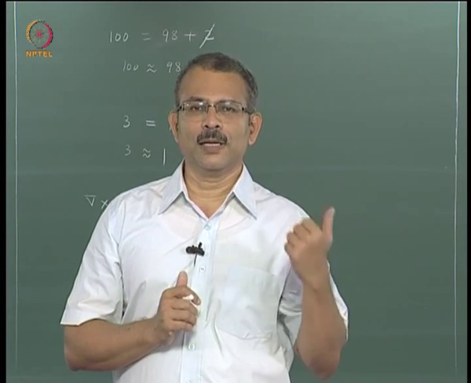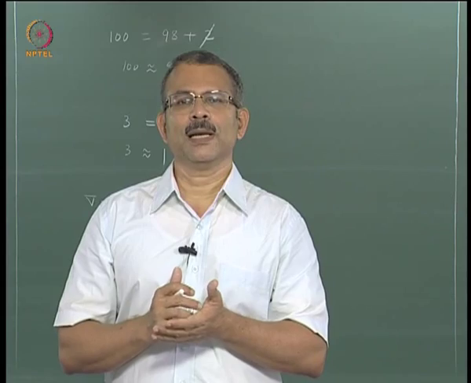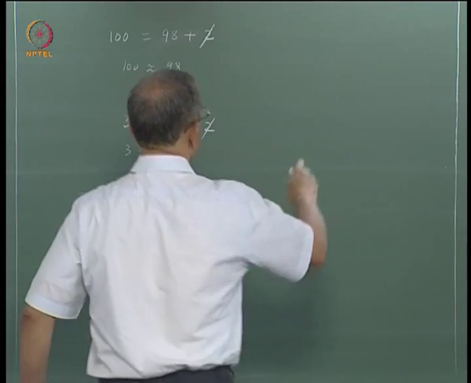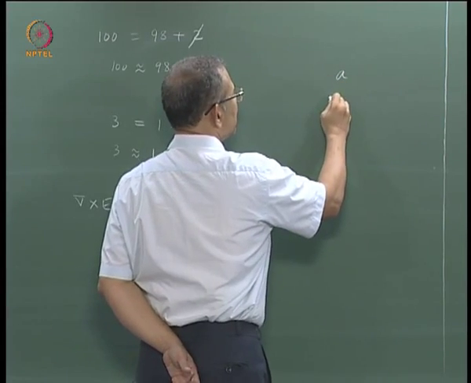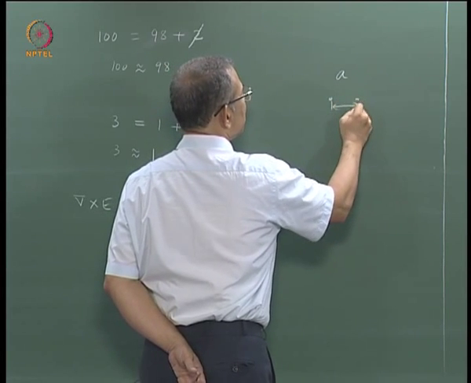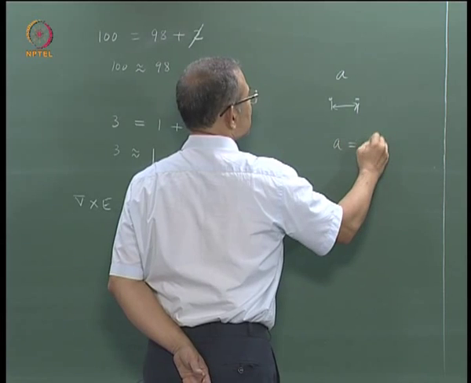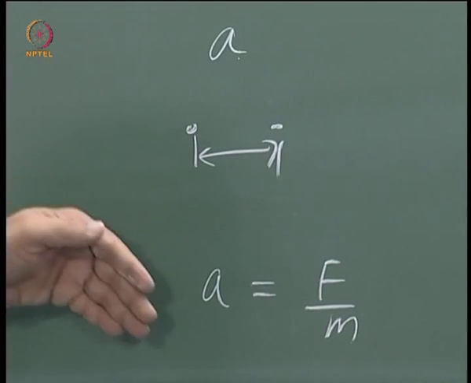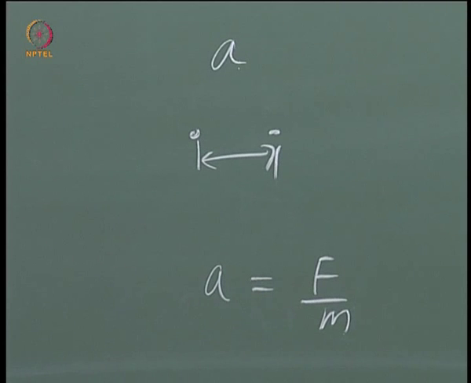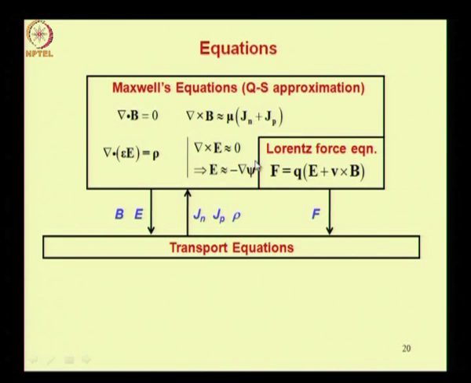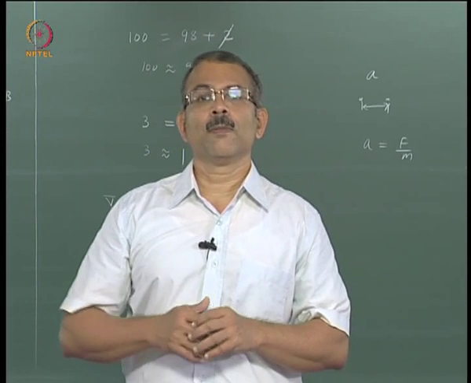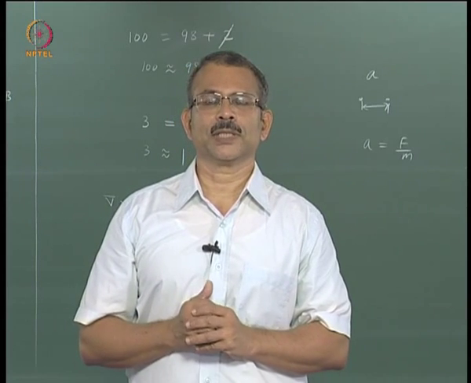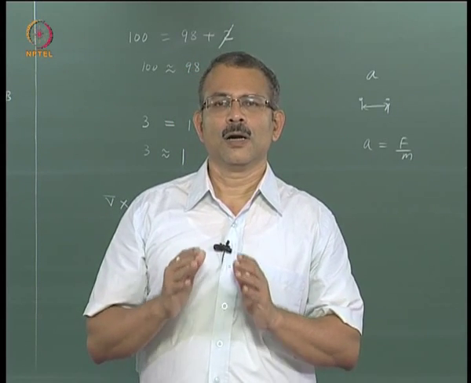For example, in one of the earlier lectures I have used the lowercase symbol a to indicate the distance between the lattice atoms, or lattice constant, and also to indicate acceleration, force by mass. Similarly here psi is used to indicate the potential. Later on when we talk about the Schrodinger equation, the same psi symbol may denote the probability amplitude function used in Schrodinger's equation. From the context it will be clear what the symbol means.